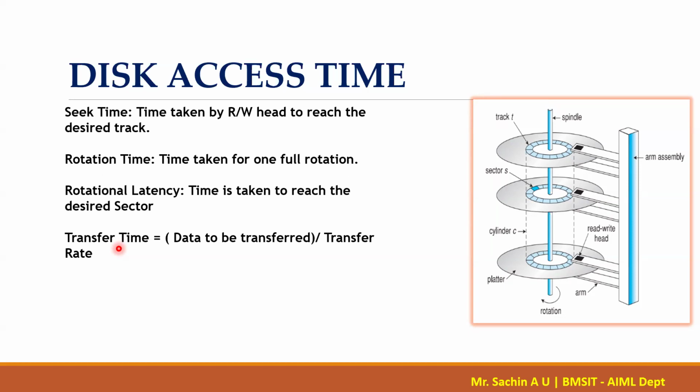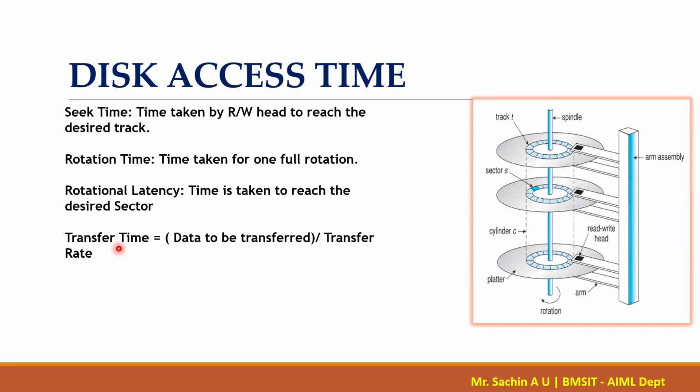If they ask you to calculate the disk access time, it is nothing but the sum of seek time plus rotation time plus transfer time. Seek time is moving from a particular track to the desired track. That is the first time taken.